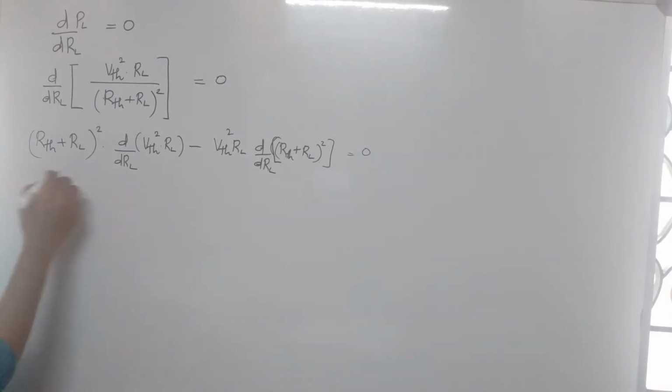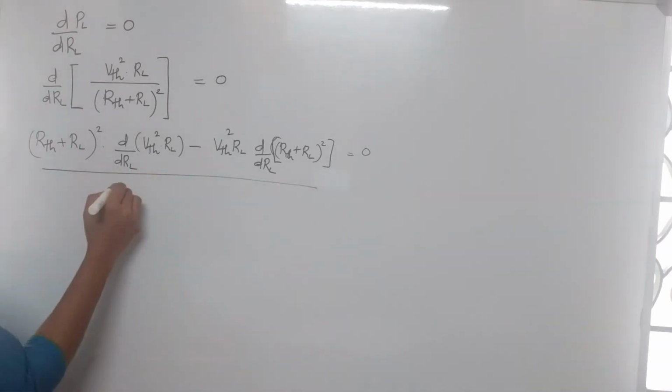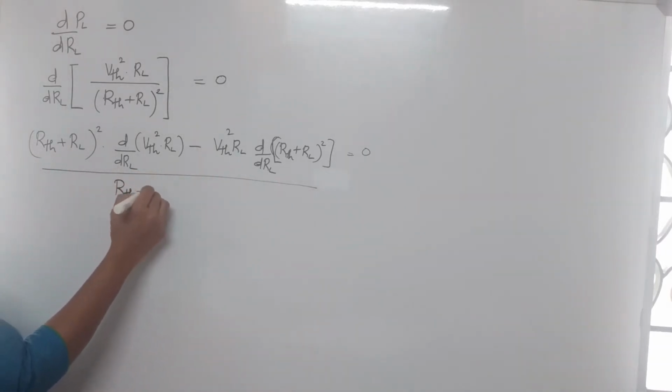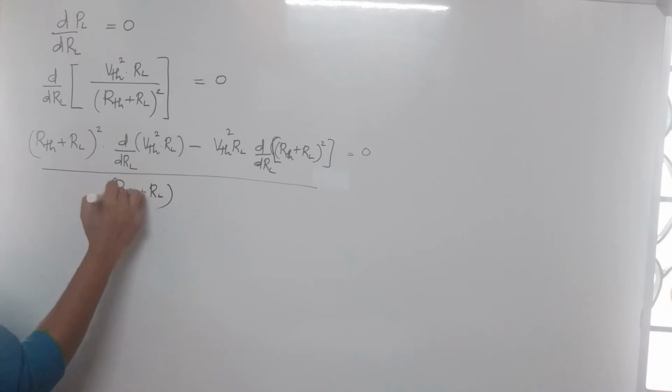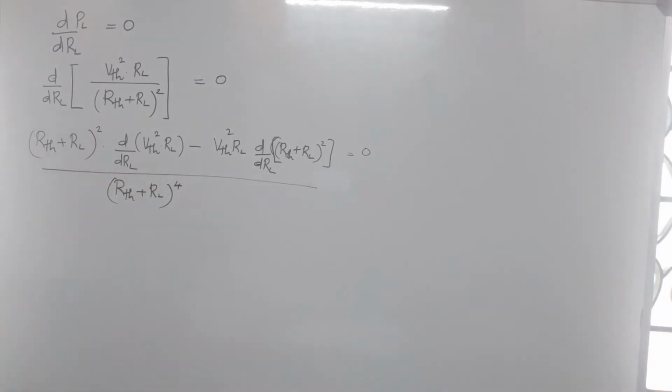The whole divided by denominator square, (RTH plus RL) the whole raised to 4.